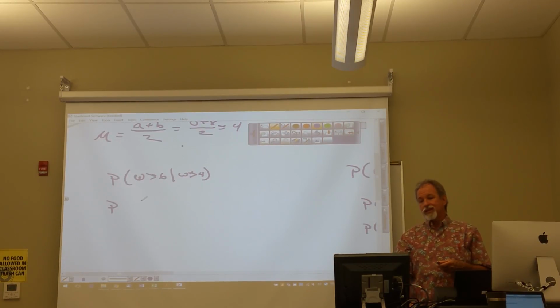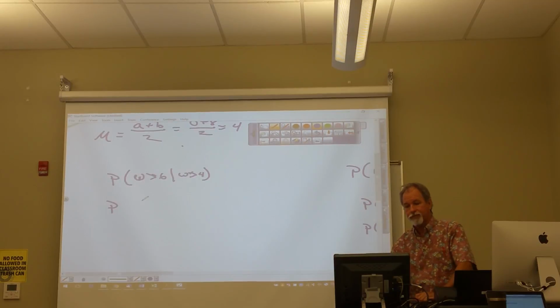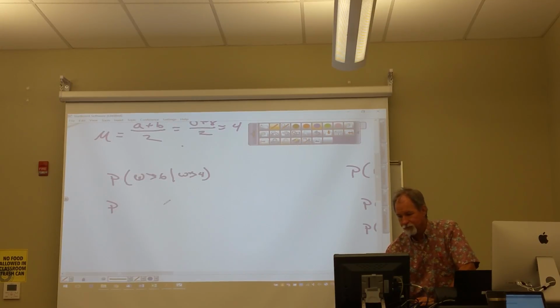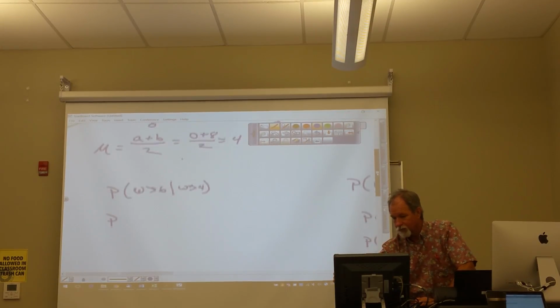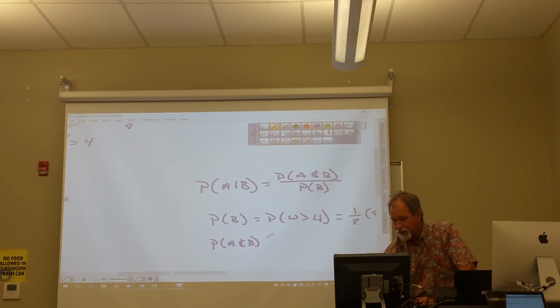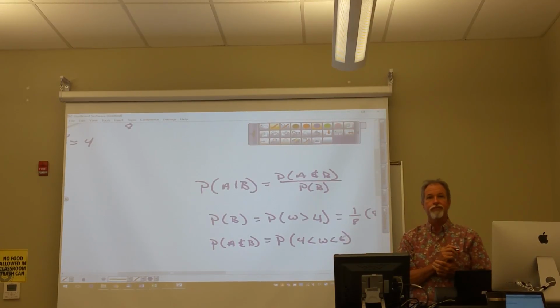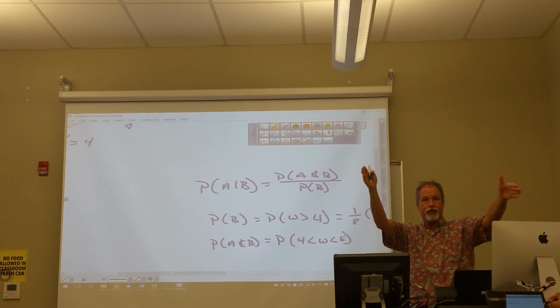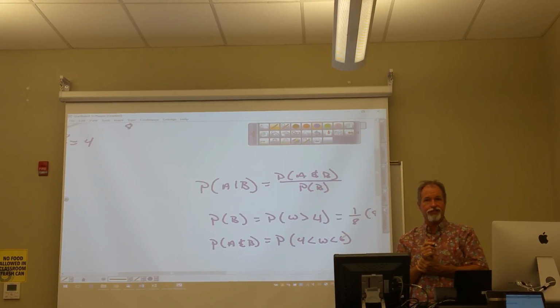We don't do the same thing like how we did with B. The probability of A and B would be 4 greater than W less than 6. A and B would be between 4 and 6.